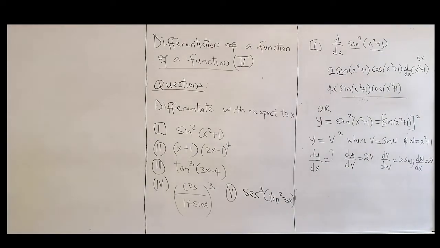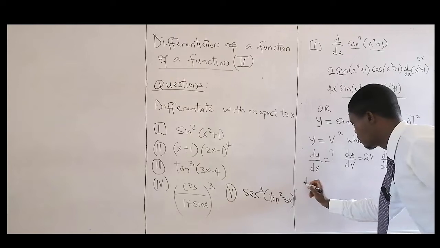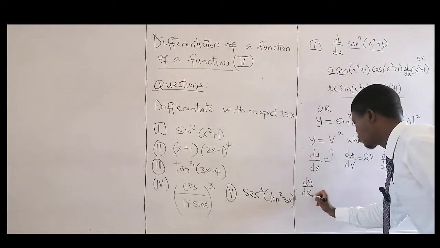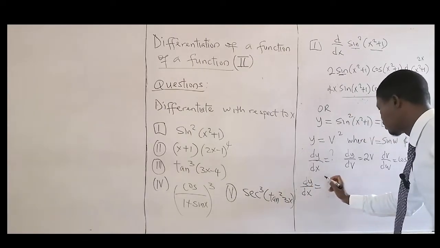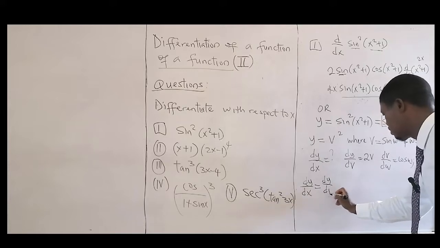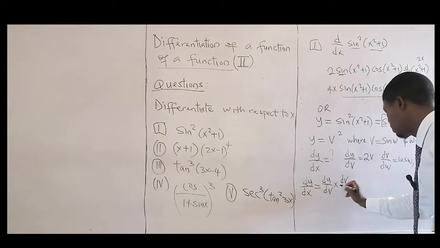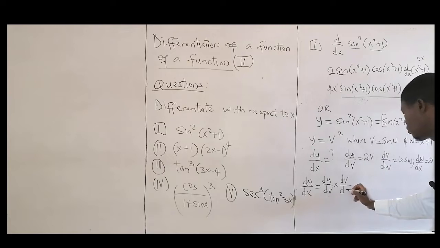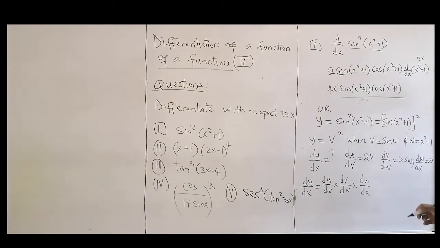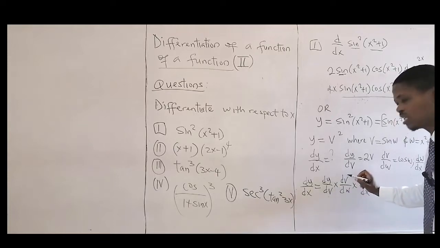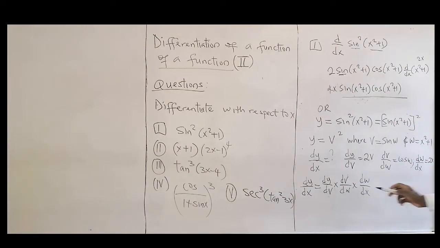Then finally my dy/dx will be equal to dy/dv times dv/dw times dw/dx. Just know that where you stop here is where it will continue at the top there.